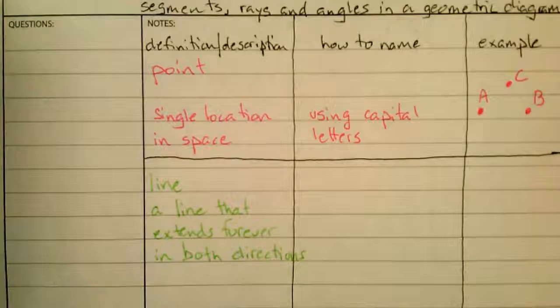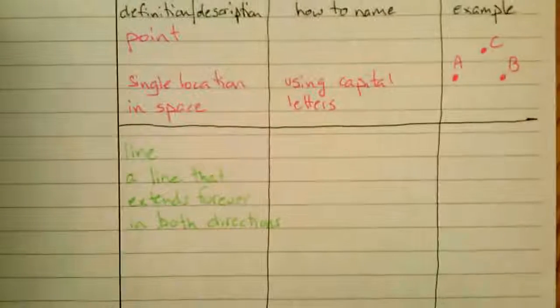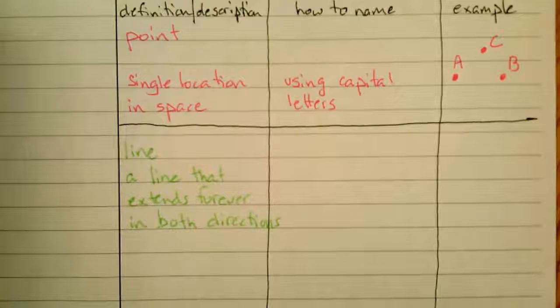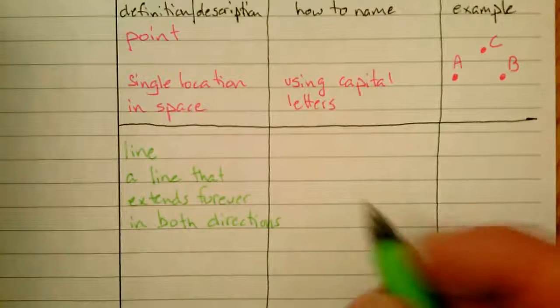Notice inside the definition for the word line, we've used the word line. This is just sort of one of these necessary evils. And again, this is more of a description than a definition.